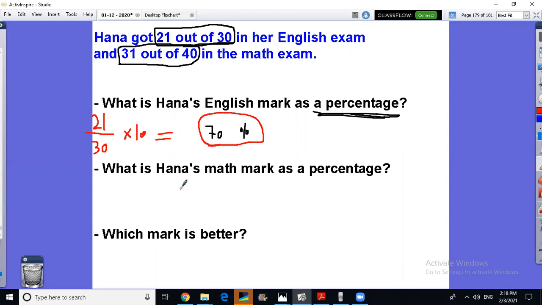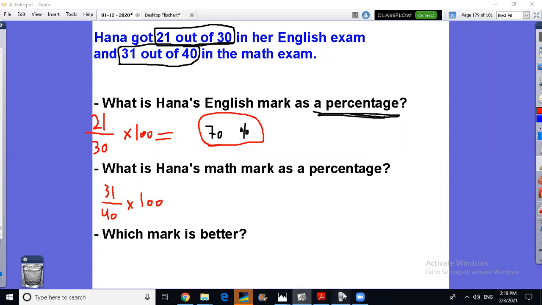All right, what is Hannah's math mark as a percentage? The math, pause the video, do it on your calculator, and then check your answer again. I'm gonna do the same thing exactly. 31 out of 40 means 31 divided by 40, and then I'm gonna multiply it by, oh, sorry guys, this is 100, not 10. And then I multiply it by 100.